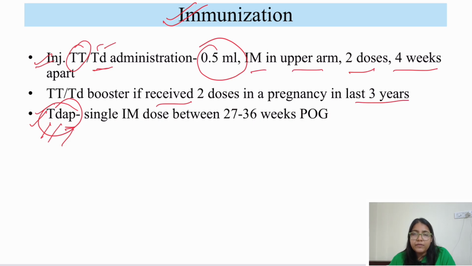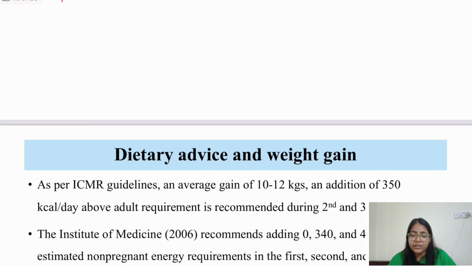So wherever it is available and whenever the patient can afford, we always prescribe Tdap. Only a single IM dose is needed, between 27 to 36 weeks. It's not that you cannot give Tdap to a patient who has received TD. So if a patient has already received, suppose, TD, 1 dose or 2 doses, you can still give Tdap to that patient. Okay.